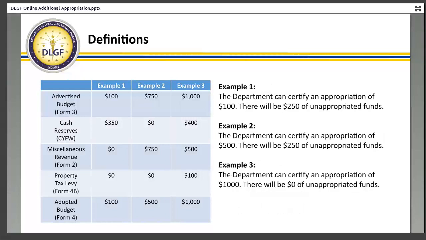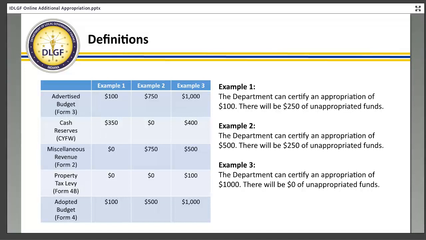So in our first example, they advertised a budget of 100, so they set their ceiling. They have reported to the department that there are $350 worth of cash reserves. They are pledging no miscellaneous revenue. They are pledging no new property tax dollars to the funds. And the fiscal body ultimately ended up adopting a budget of $100.